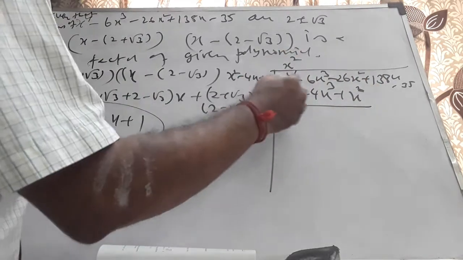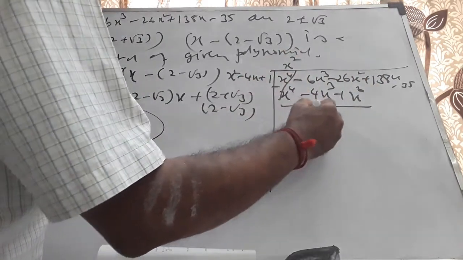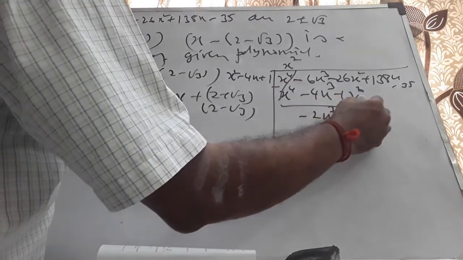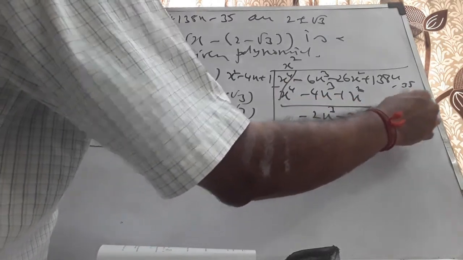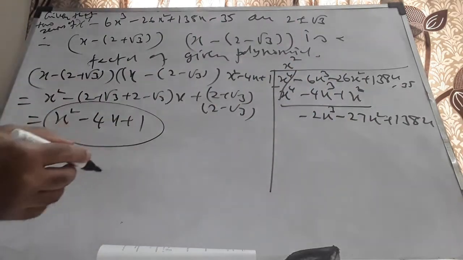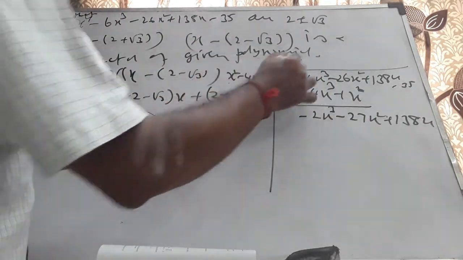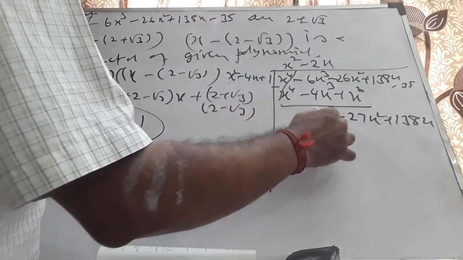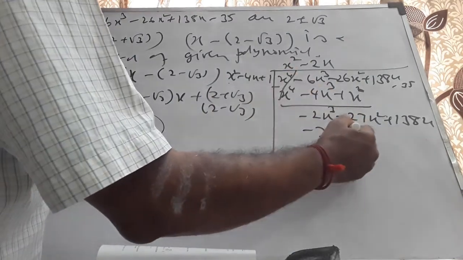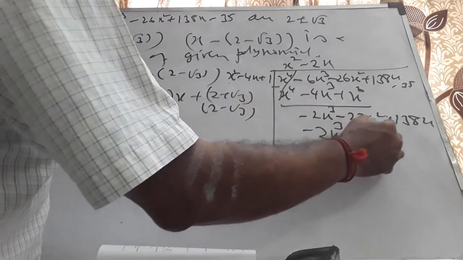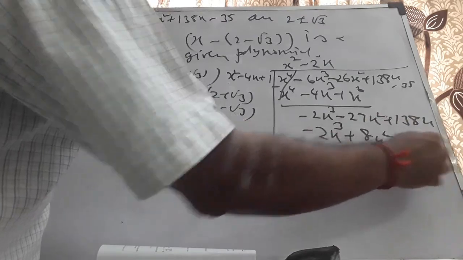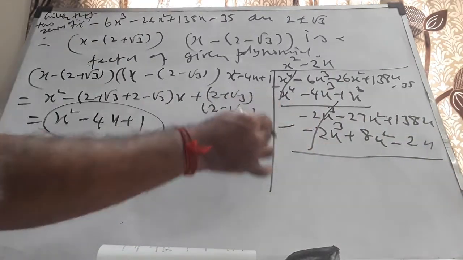Therefore, subtraction gives you, this will anyway go off, minus 2x cube minus 27x square plus 138x. I am bringing 138x down. Minus 2x cube by x square is minus 2x. This will be minus 2x cube, of course, plus 8x square minus 2x. Therefore, after subtraction this will go off.